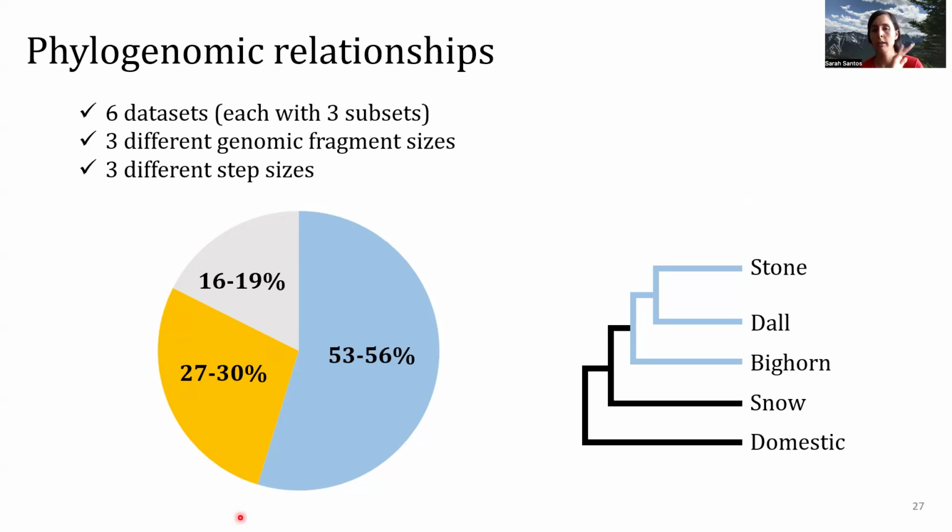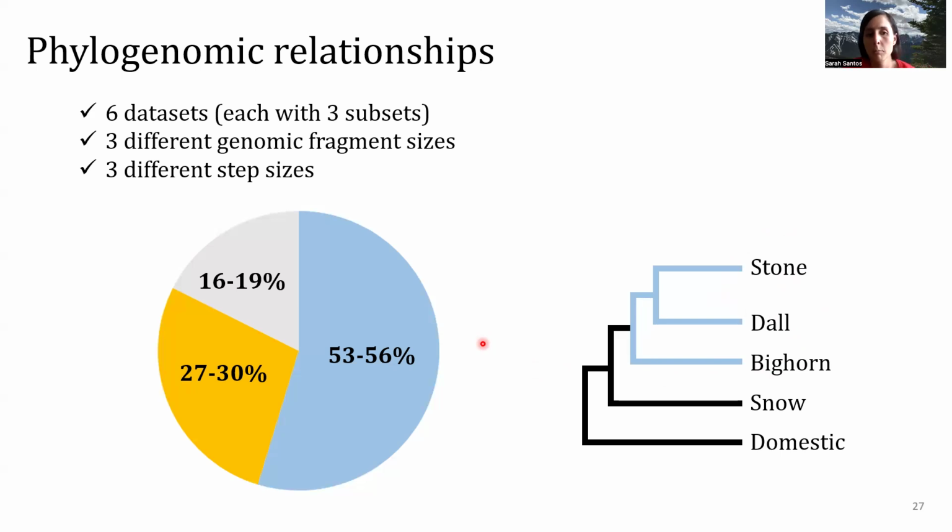So instead of having the genome and then just partitioning, we had spaces between those partitions. And here what we observed is that the majority of the genome shows the species tree. For example, we have Dall and Stone as sisters, and then bighorn outside of that. We also included snow sheep, but snow sheep was another outgroup, just to really dissect the relationships between thinhorn and bighorn sheep.